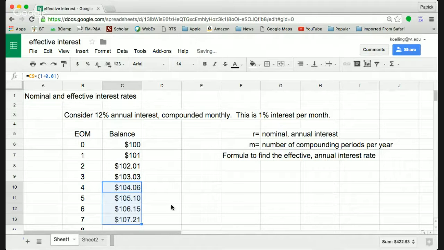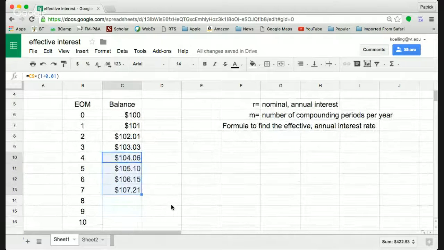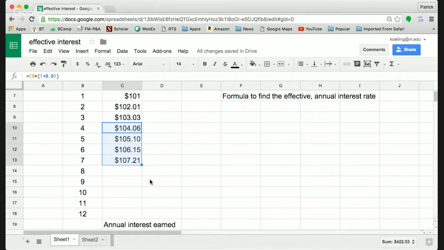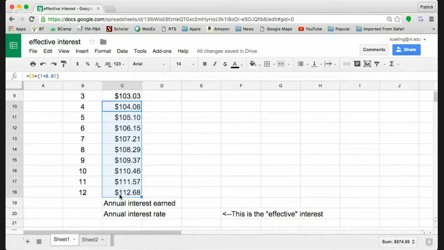In month 7, we have $107.21. All the way to month 12. What do we have? $112.68. So we started with $100 and we ended with $112.68.